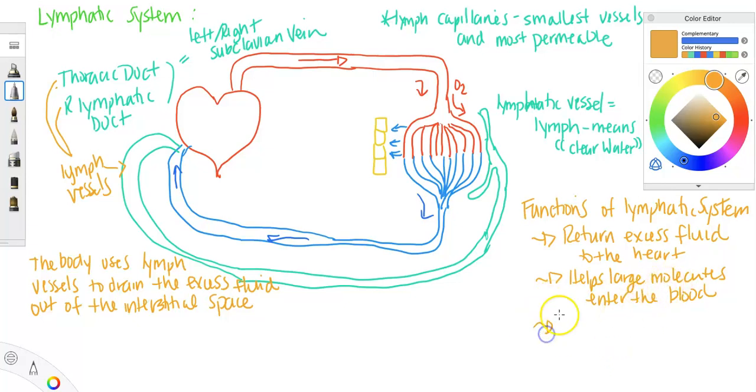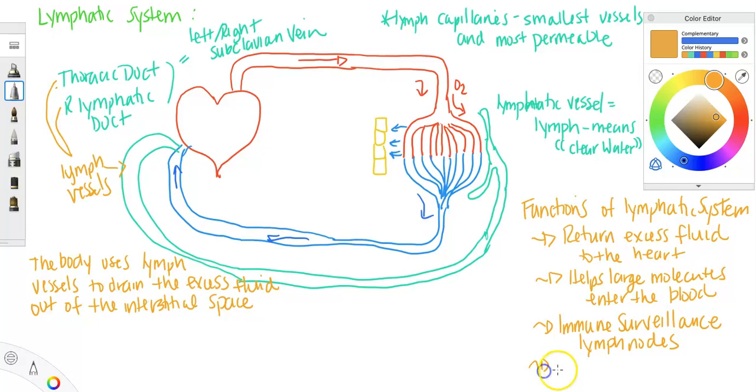It provides immune surveillance. So it gives areas like lymph nodes a place where lymphocytes and macrophages and things like that can find bugs.